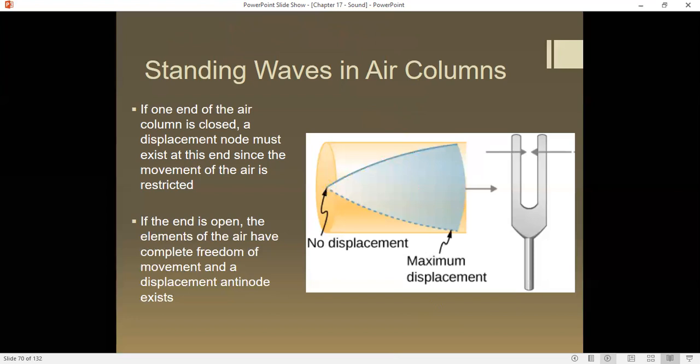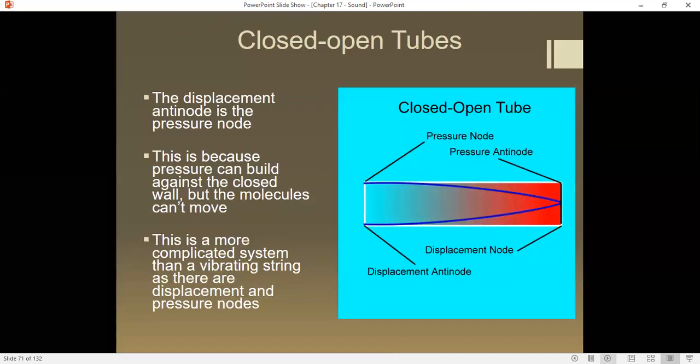Now it gets even more complicated. What about the higher harmonics? Once again, we're just going to look at the displacement node, the place where the molecules can't move, and the anti-node, where there's going to be the maximum amount of movement, where the tube is open. Here's the open end, here's the closed end.